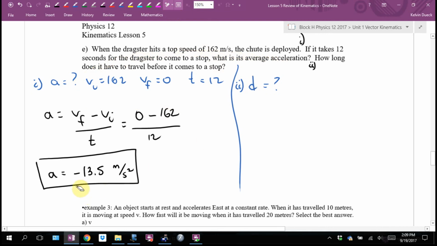Instead, Max, we're going to use acceleration as well. We're going to use an answer to find an answer. Can you give me an equation that has a D and some of this stuff in it that I can use to find D? Absolutely, that'll work.